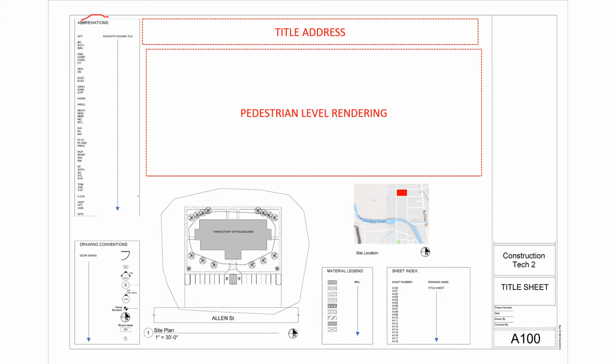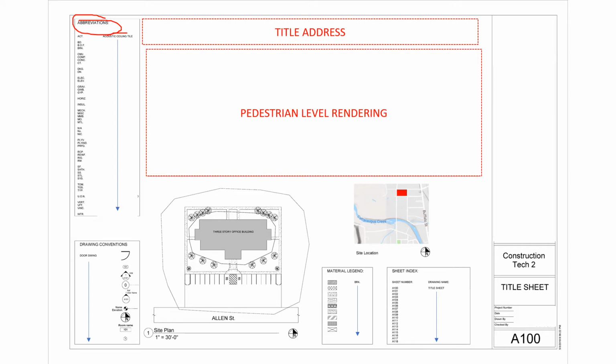Then there's the abbreviations. You'll see that I just have an arrow here for this and for this and for these two here. I want you to complete those on your own as an exercise. So go through your document set and figure out all of the different abbreviations that you used and make sure that they're represented here and represented correctly.